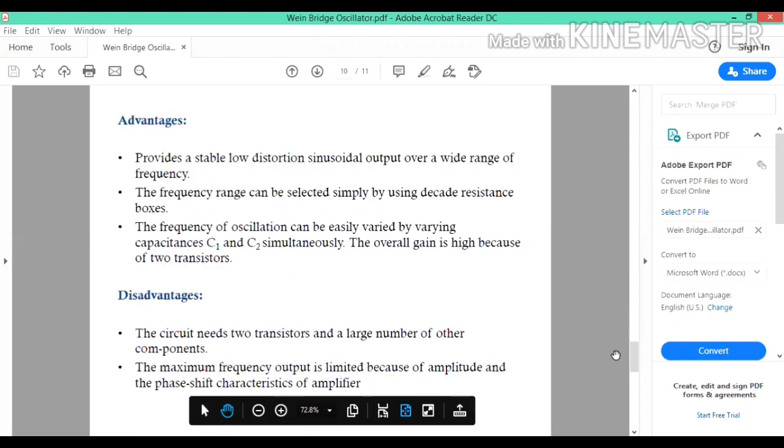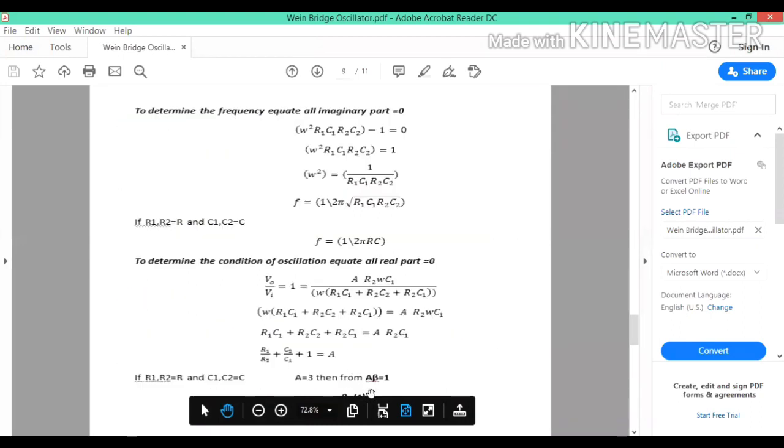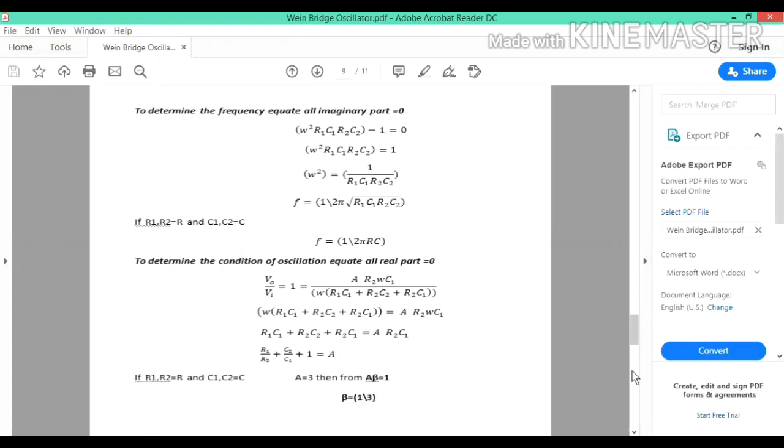So, if beta is equal to 1 divided by 3 and gain is equal to 3, then you can provide the product of A and beta equal to 1. Now the conditions of oscillation will be satisfied with respect to the calculations. In this way only we obtain the frequency and conditions of oscillation in your Wein bridge oscillator.